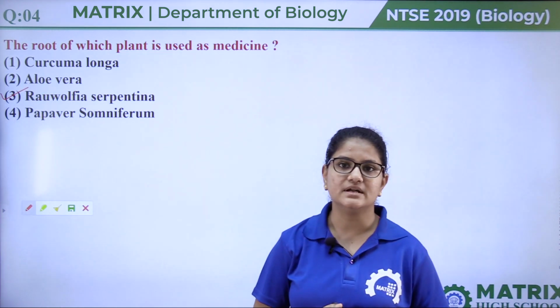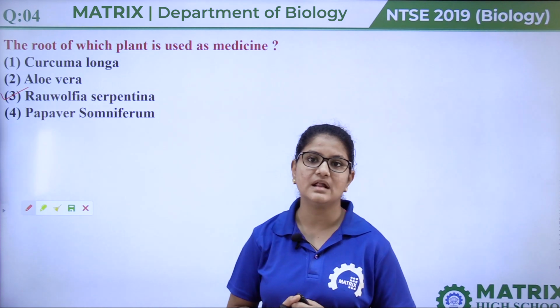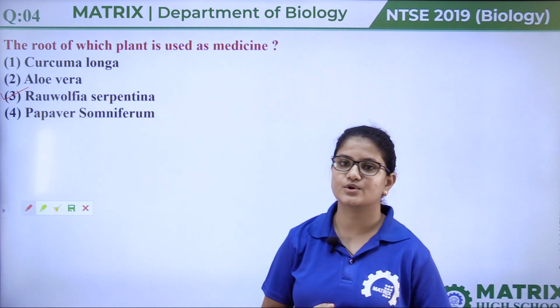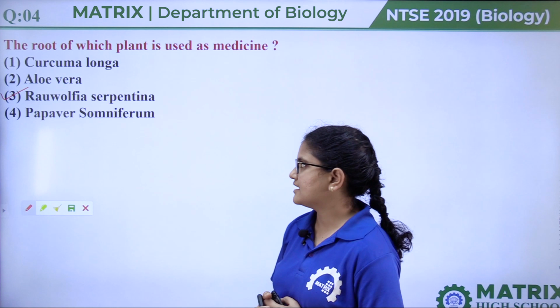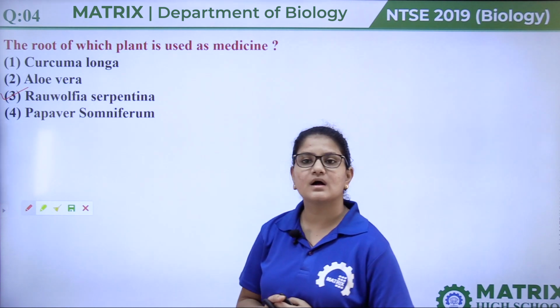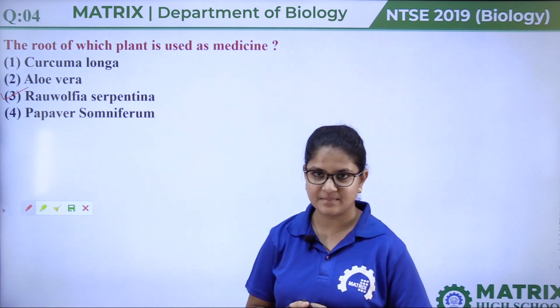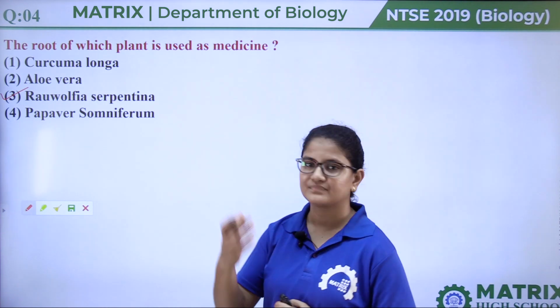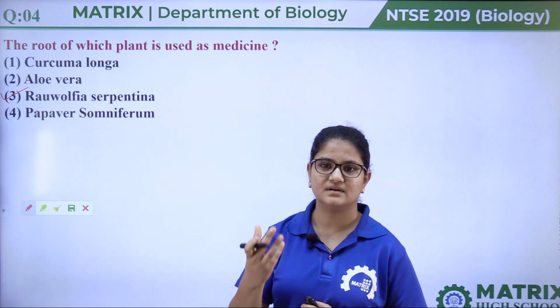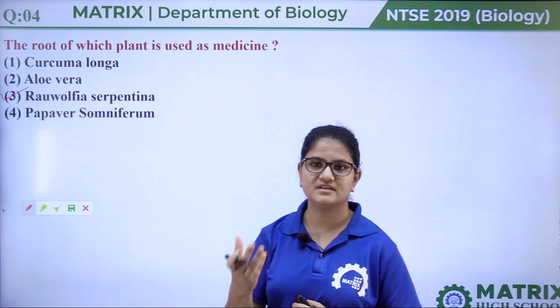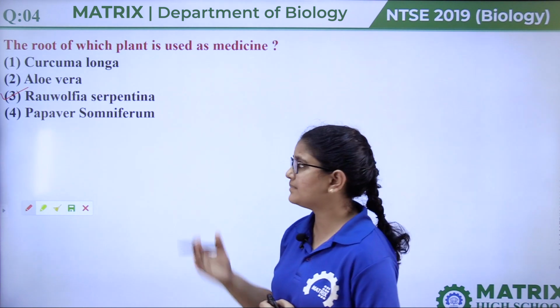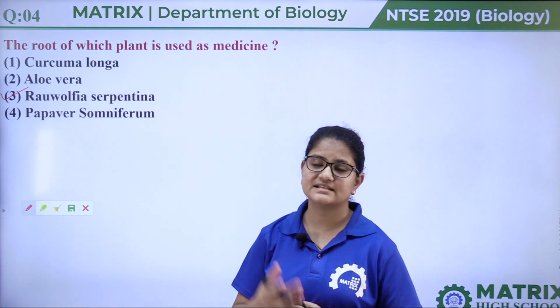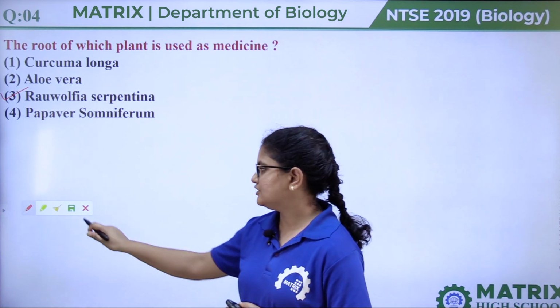Its root is powdered and is used to control high blood pressure. While Curcuma longa is turmeric in which stem is used, in Aloe vera the cell sap is used. Papaver somniferum, in this the fruit part is used.